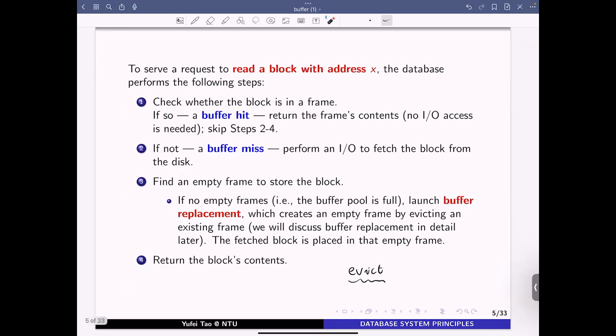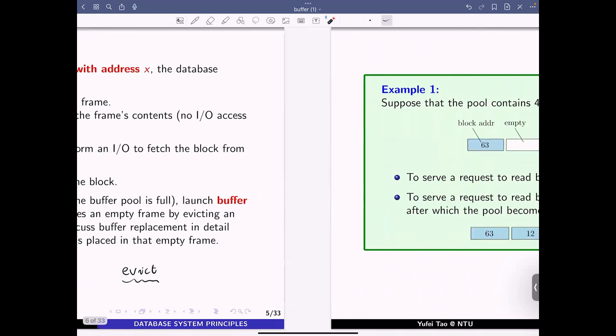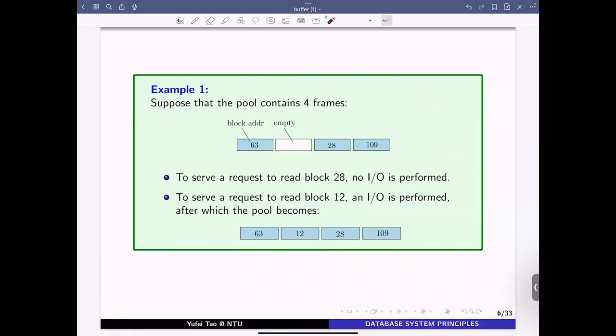All right, now here is an example. Let's just say that our pool is very small. It has just 4 frames, and currently we have 3 of them occupied. Here, I'm showing you the address of every block that's inside the buffer pool.